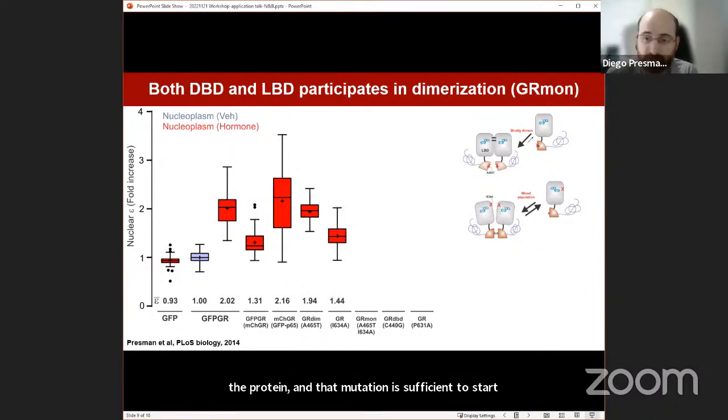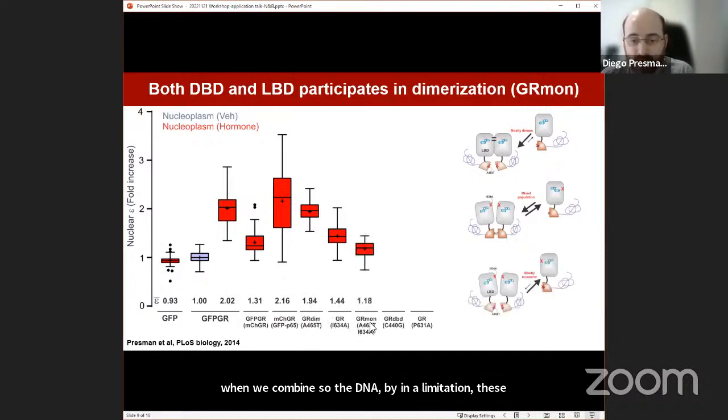So now we have a mixture of monomers and dimers, and when we combine the DNA binding domain mutation, this GRD mutation, with the one in the LBD, now we get what we call the GR-mon, which is a mostly monomeric protein.